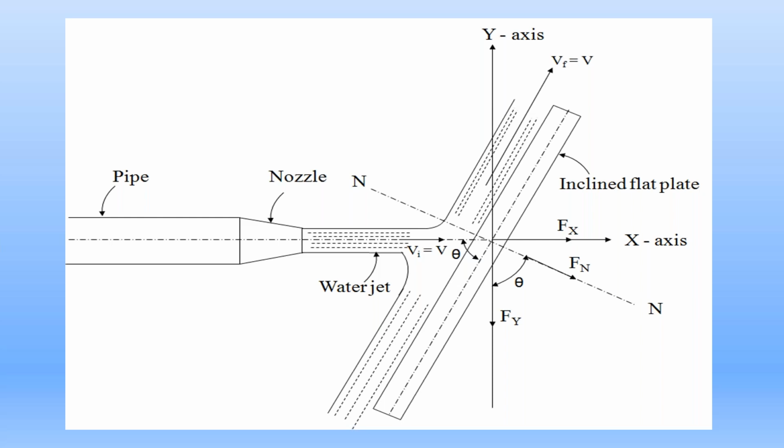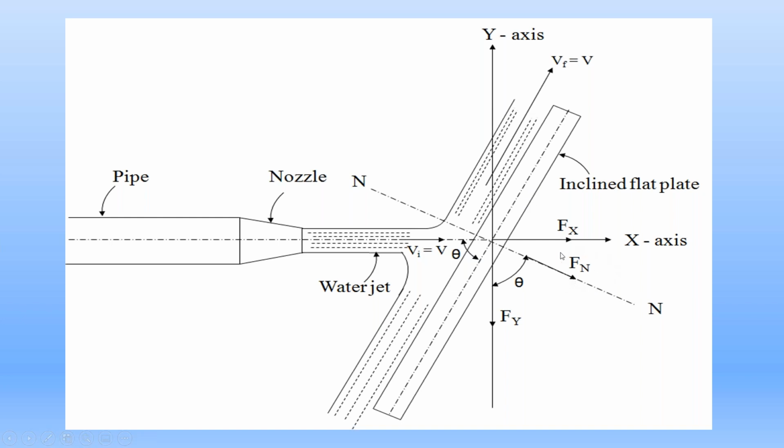Please everyone focus on that force Fn. The force Fn is perpendicular to the inclined metal plate. So along this normal, perpendicular to the surface of the inclined metal plate, let this water jet apply the force Fn on the metal plate.